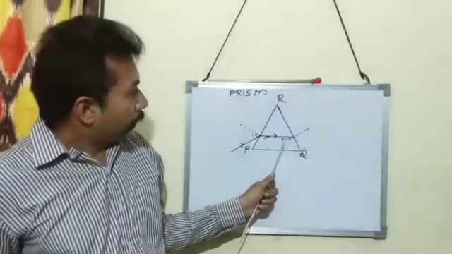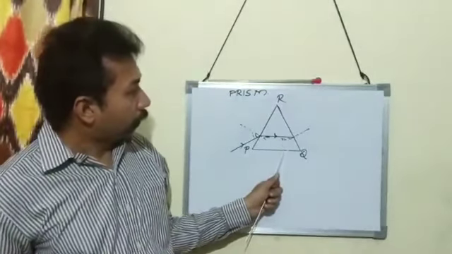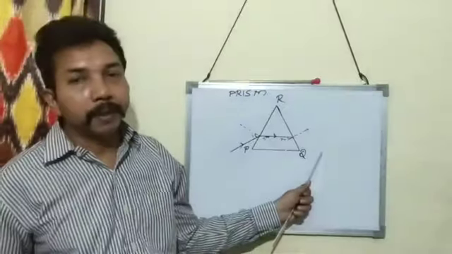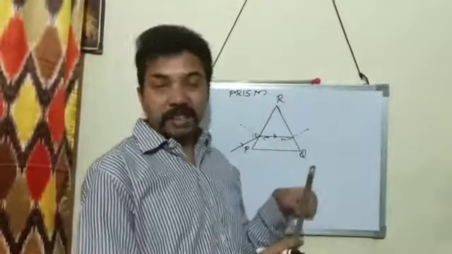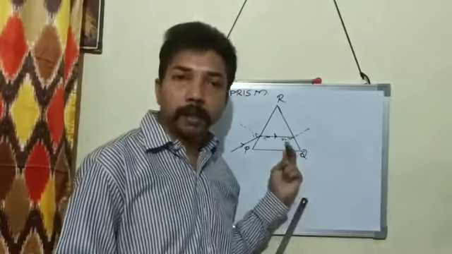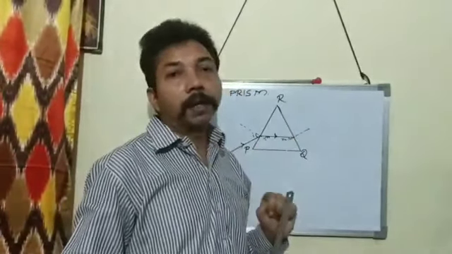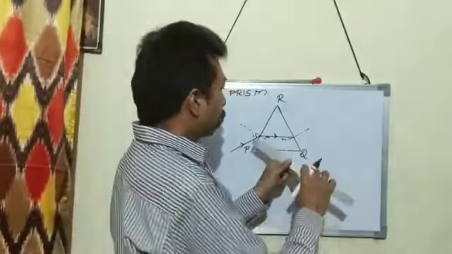Now the ray of light passes from denser to rarer medium. The ray of light which comes out is called the emergent ray. That emergent ray moves away from the normal.